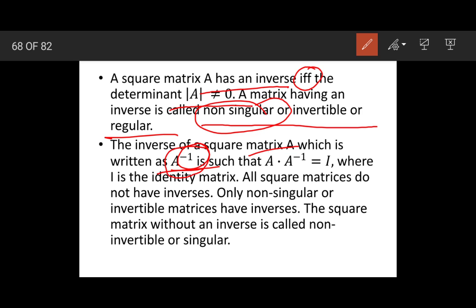And there is a property of A inverse: A into A inverse is equal to I, where I means identity matrix. So when we multiply A with the A inverse matrix, we get an identity matrix I. So only a non-singular or invertible matrix has an inverse.